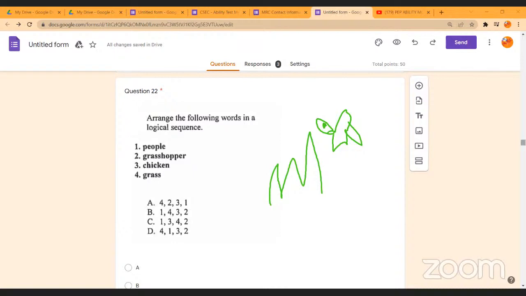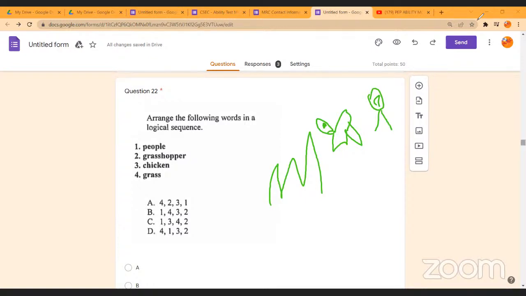Miss, the chicken. So the chicken comes now. Let me see if I can draw a chicken. A chicken has a little beak. Oh, that's not working out at all. Okay, so this is the chicken. Oh, a chicken has two legs. Oh, I know. That's a chicken. And who eats the chicken?